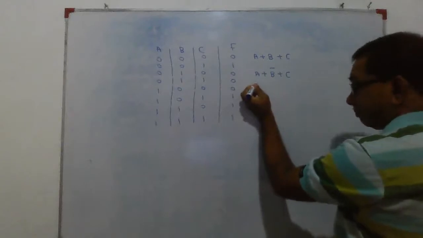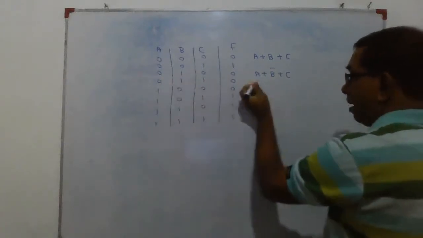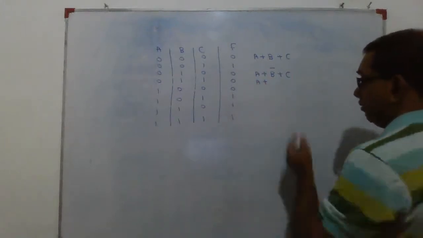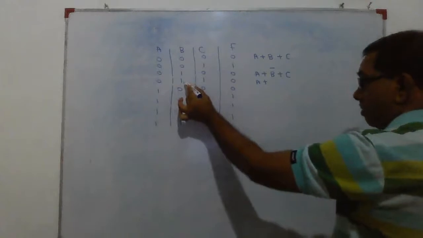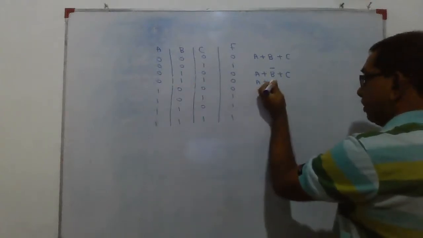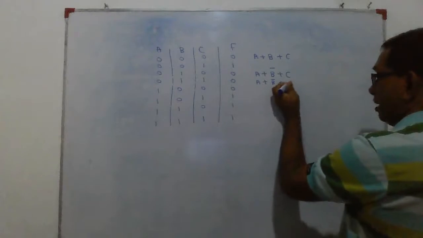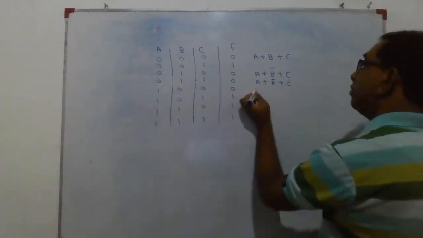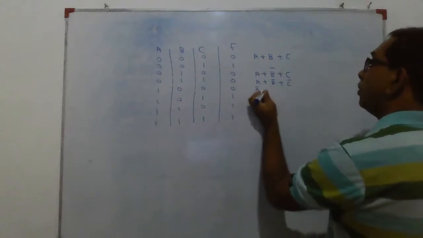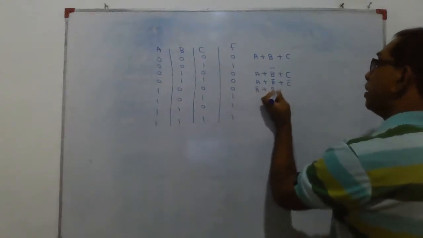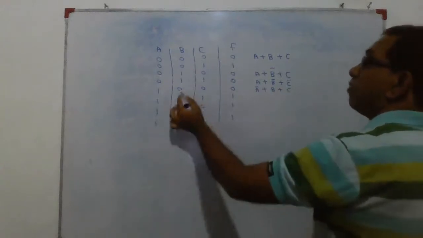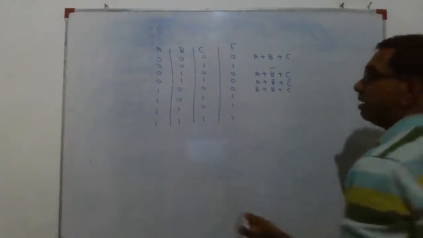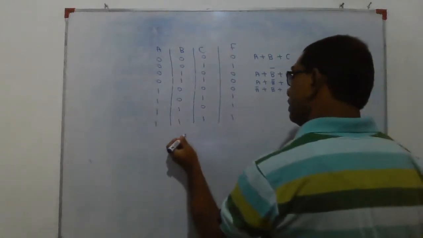We have A bar, so A, and AND is changed as OR. We have B here, it should be B bar, then OR. C here should be C bar. Then we can easily find A or B bar or C. Then we get the POS statement.